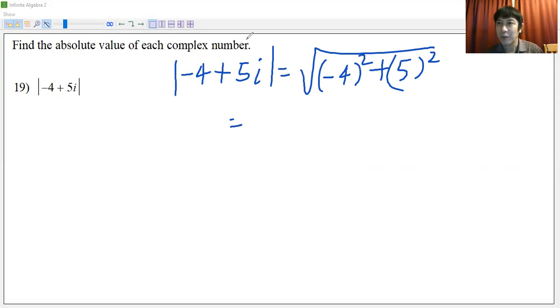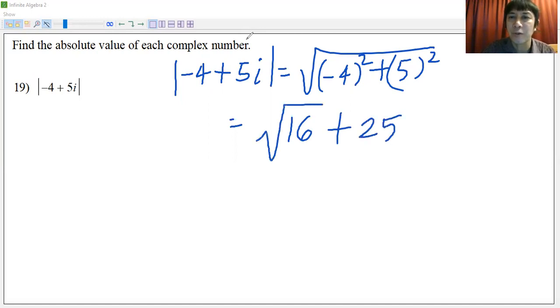We don't have any common number except 1, which we will not be able to make use of. All right, so this will be directly squared: 16, and 5 becomes 25 under the square root sign, okay? Under the square root sign.